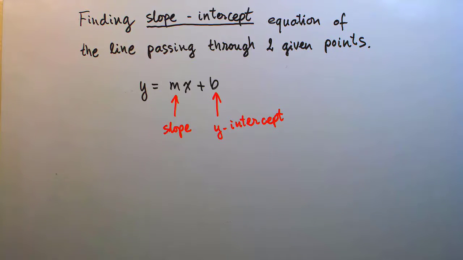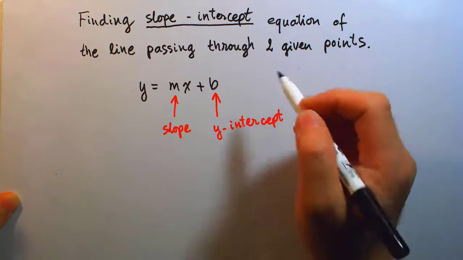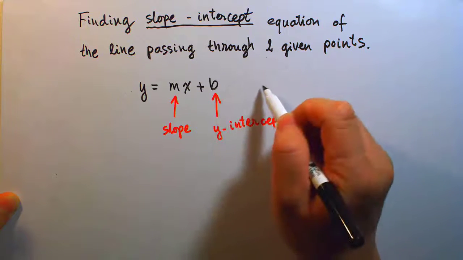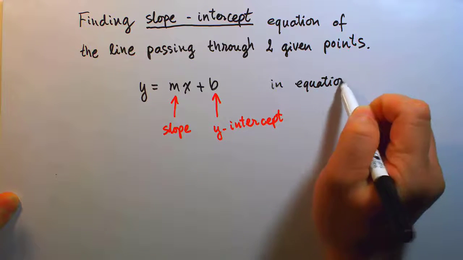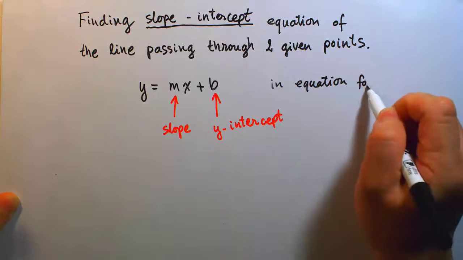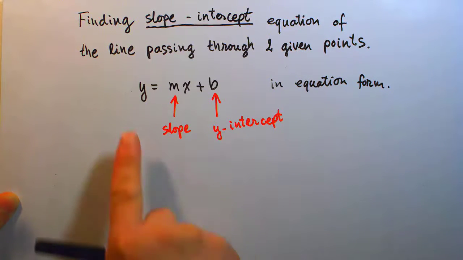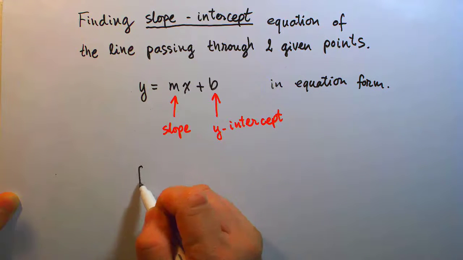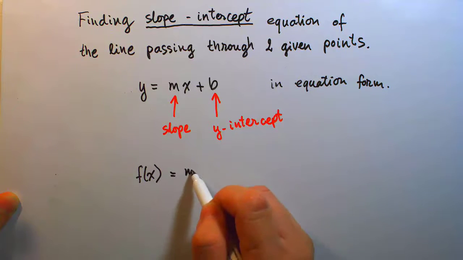Another note I have to make is that y equals mx plus b is the slope-intercept equation of the line, but this is in equation form. Additionally, in some problems, the y variable on the left-hand side can be replaced with a functional notation: f of x equals mx plus b.